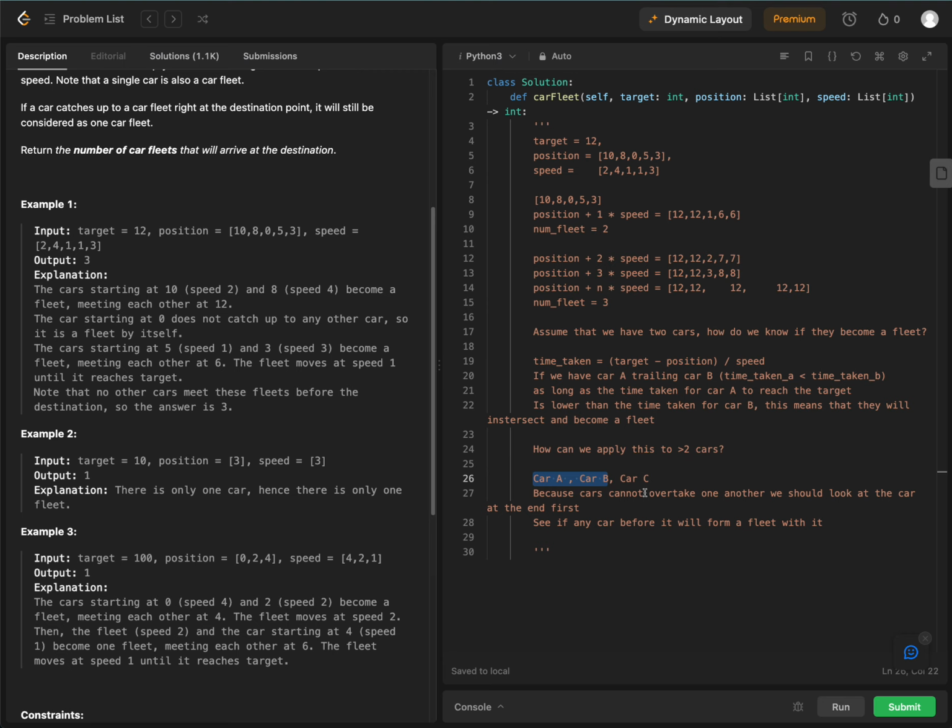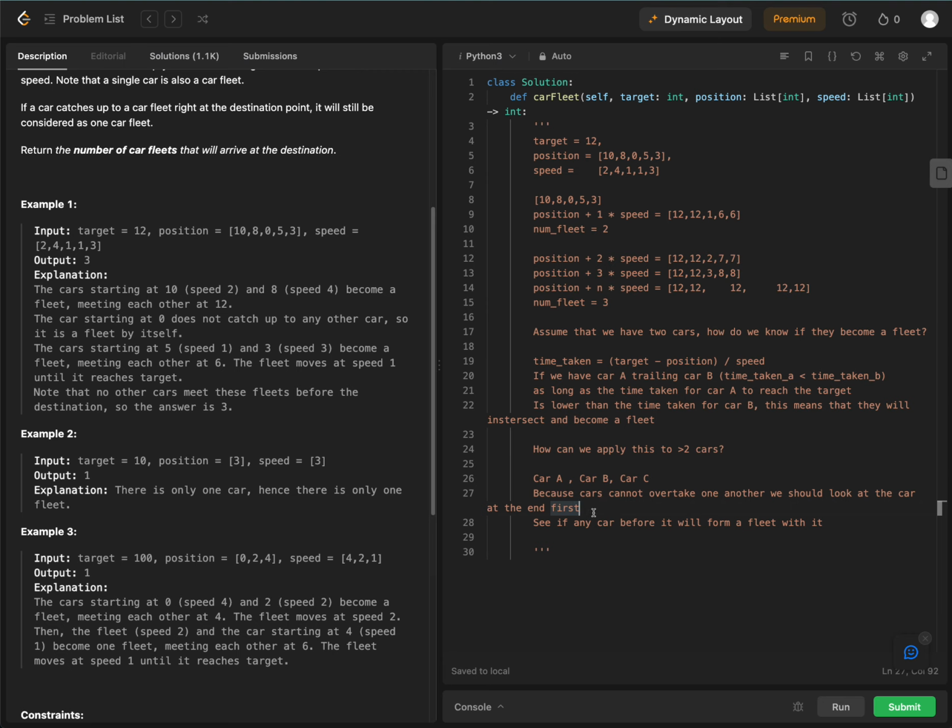So I guess something tells me we should do it from the back, because cars cannot overtake each other.